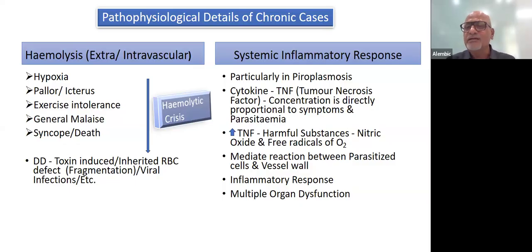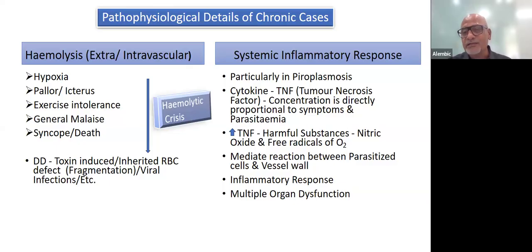The second is a systemic inflammatory response or reaction in different organs. As I've said, this is classically seen in babesiosis caused by Babesia gibsoni, where certain kinds of cytokines are released on a large scale, like tumor necrosis factor.